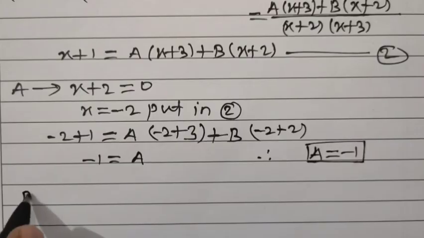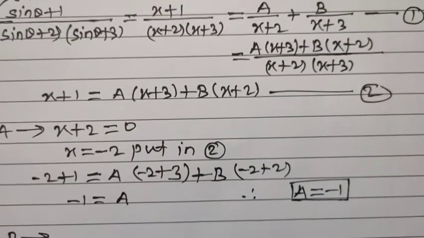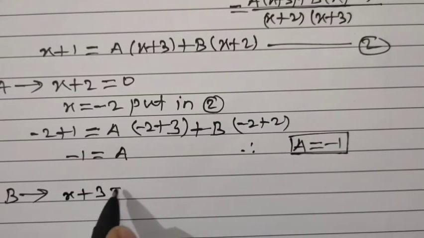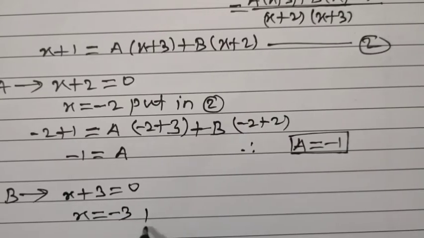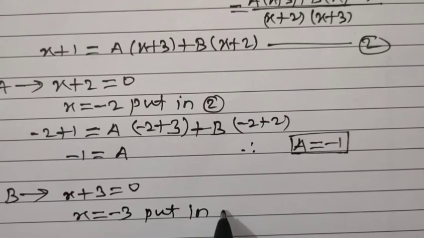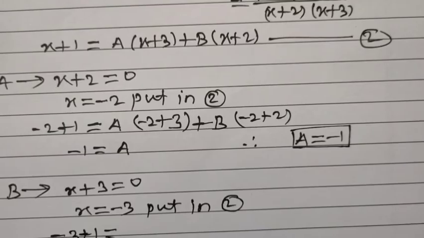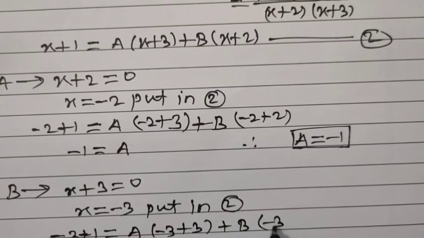To find value of second constant, its denominator is x plus 3. We have to equate x plus 3 to 0. X plus 3 is equal to 0. Meaning of this, x is equal to minus 3. And we have to put this value of x in equation number 2. So minus 3 plus 1 is equal to a into minus 3 plus 3 plus b into minus 3 plus 2.